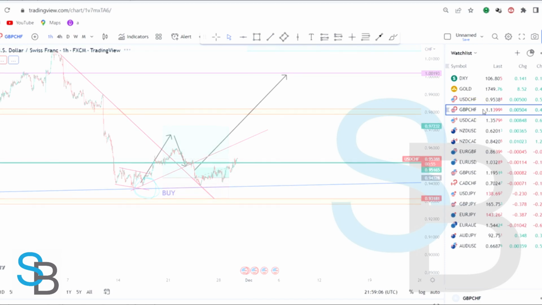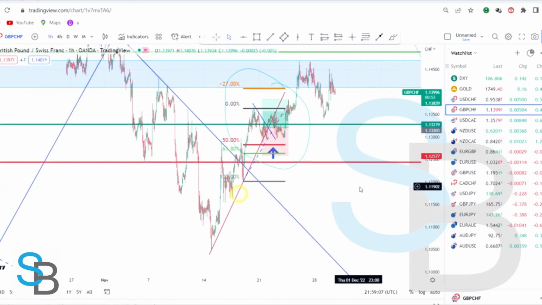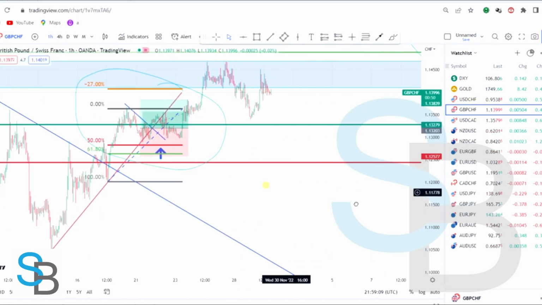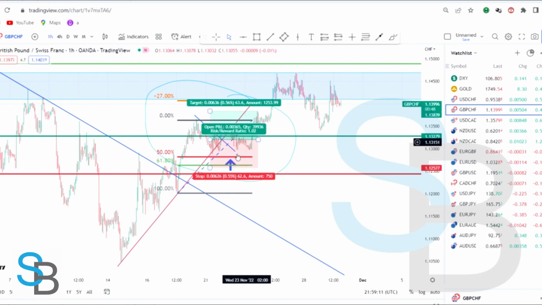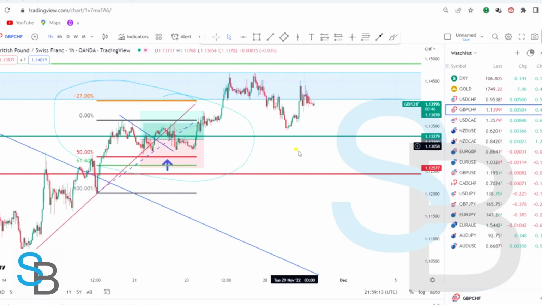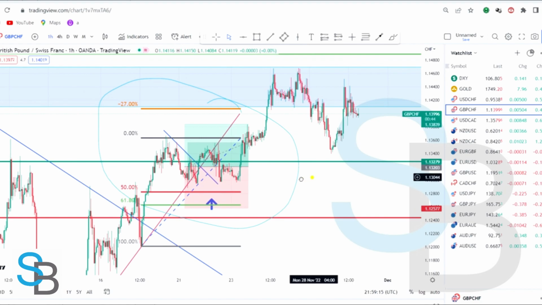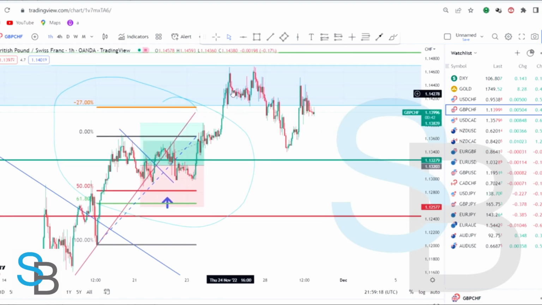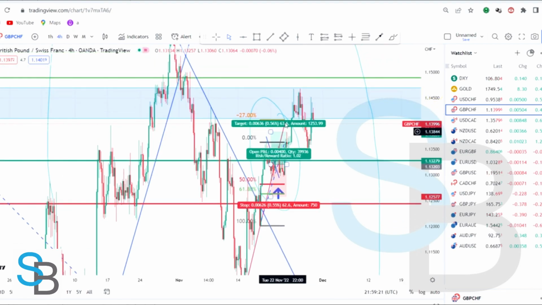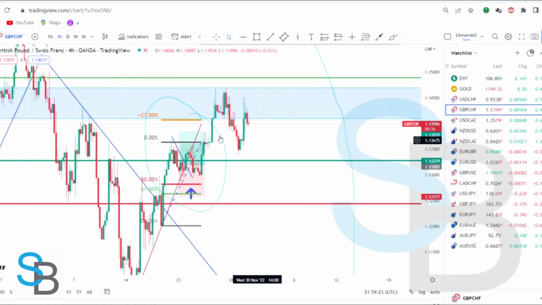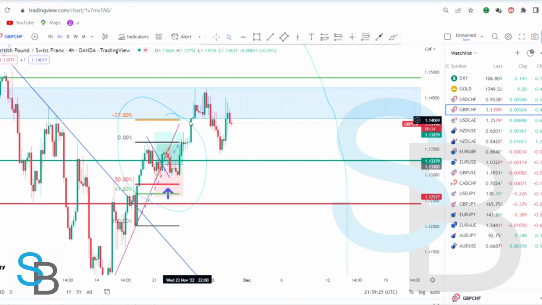Now GBP CHF, I actually analyzed and predicted that the market would go up here. So I had a buy position, and my buy position took me to profit, and I came out before this sell started happening. I think I came out around here.